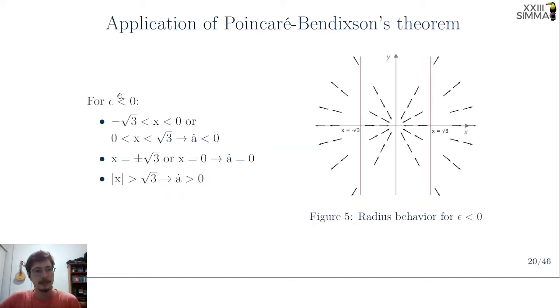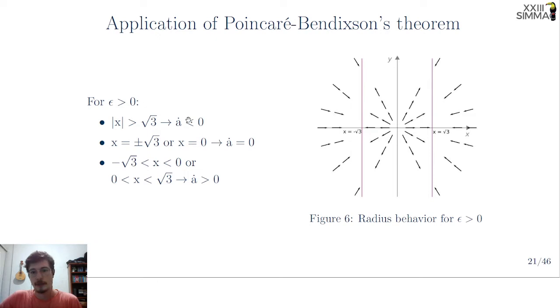Here we can see that for negative epsilon, in the neighborhood of the origin, the radius decreases, so there is an attracting term to the origin, and outside this neighborhood of the origin, the radius increases. For positive epsilon, in the neighborhood of the origin, the radius increases, so there's a repelling term around the origin, and outside this neighborhood, the radius decreases.